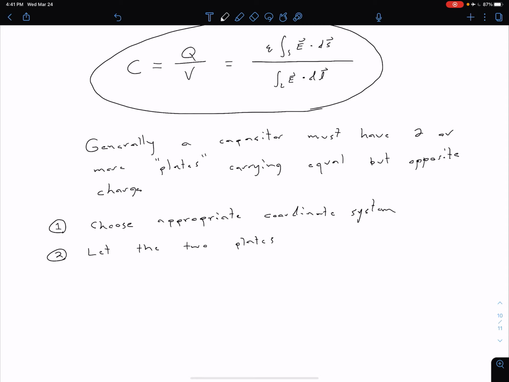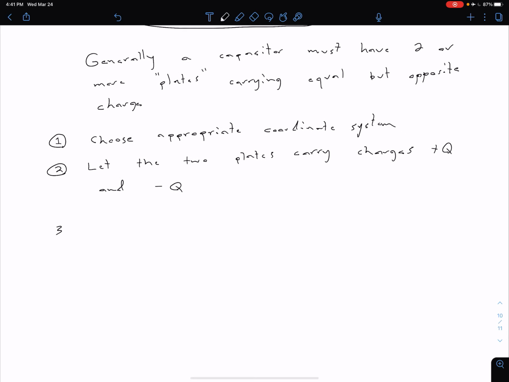So let our two plates carry charges, and remember they have to be equal and opposite. So we'll say on one plate we have plus Q, and on the other plate we'll have minus Q, and that's just some arbitrary charge. So third, we can determine our E by using either Coulomb's or Gauss's law.